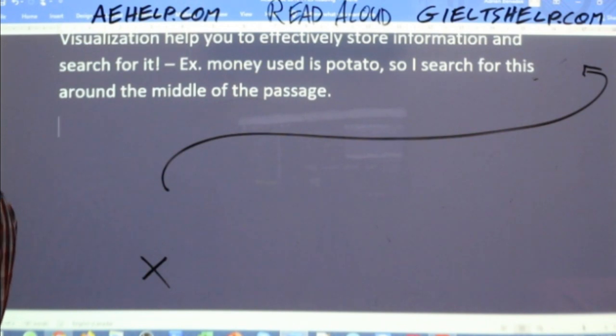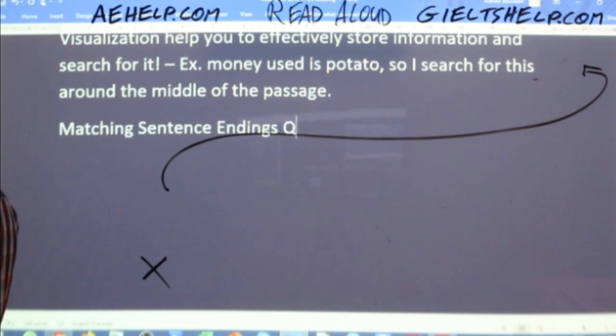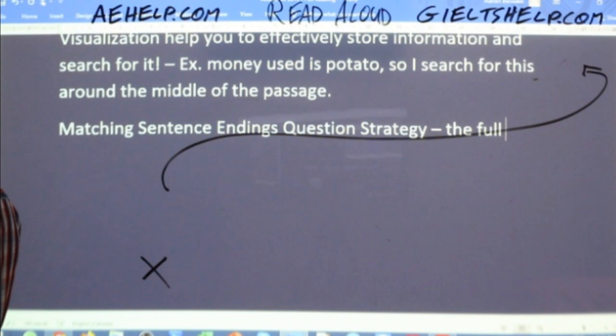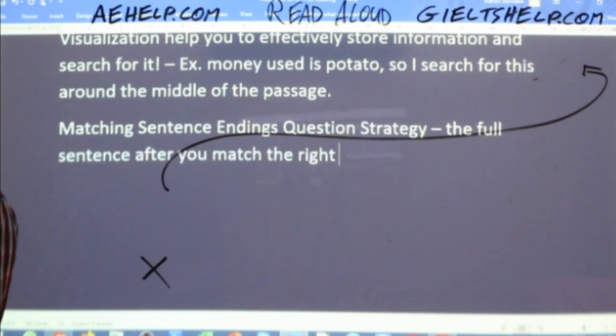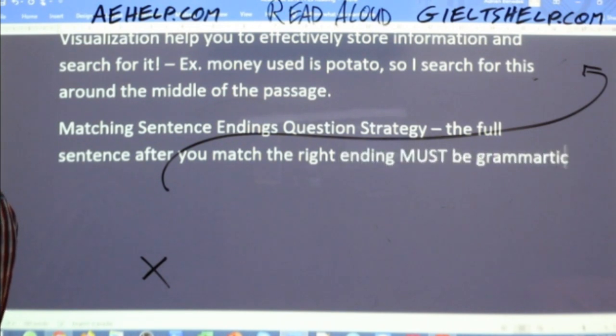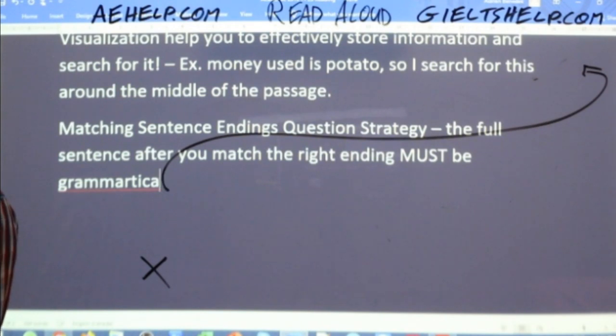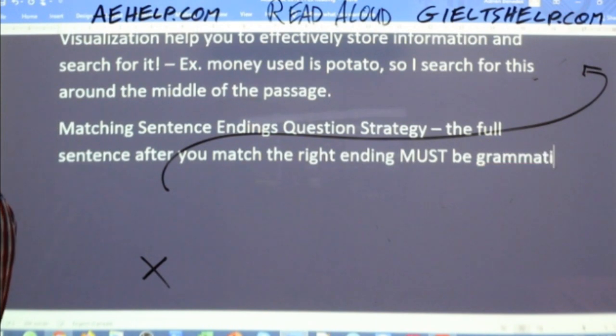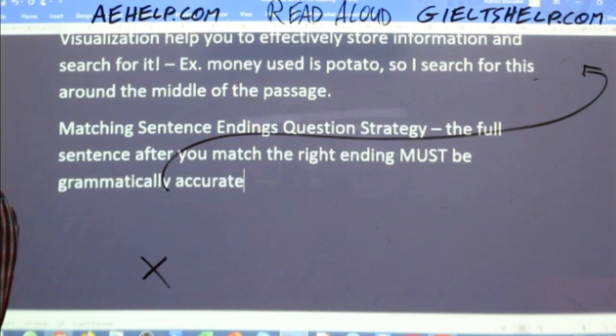Okay. So, matching sentence endings question strategy. The full sentence after you match the right ending must be grammatically accurate.